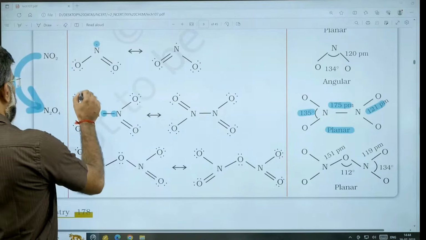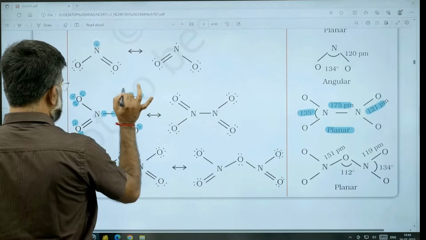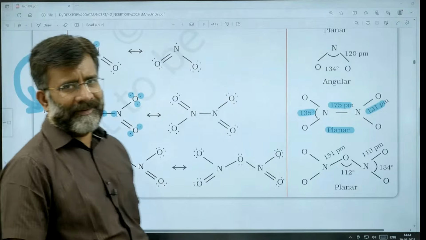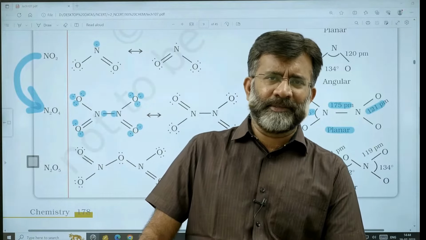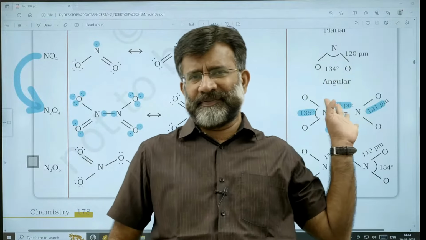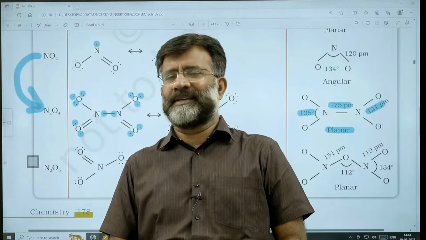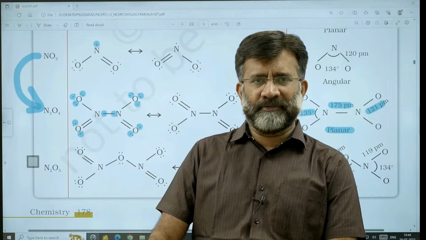Easy. 1, 2, 3, 4, 5, 6, 7, 8, 9, 10. Right? 4 oxygen into 2, 8 pairs, 2 nitrogen into 1, 8 plus 2, 10. That's enough, unless otherwise there is no permanent formal charge on any atoms.